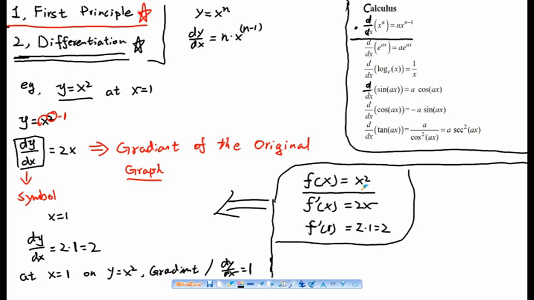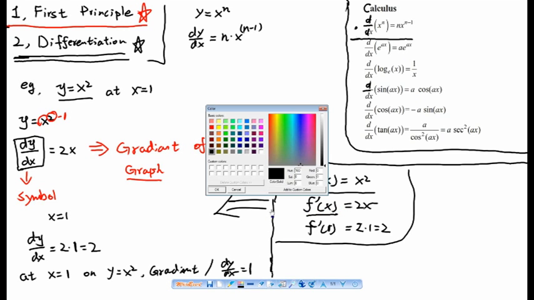The idea to remember is that when the question is given as y equals x squared, you use dy on dx for the gradient. But if they give you a function of x equals x squared, then you leave the symbol in this form, f dash x. It also means the gradient.